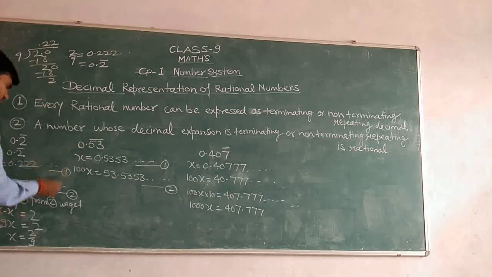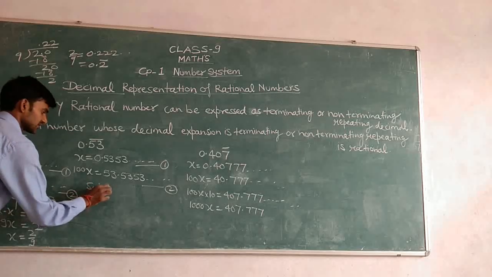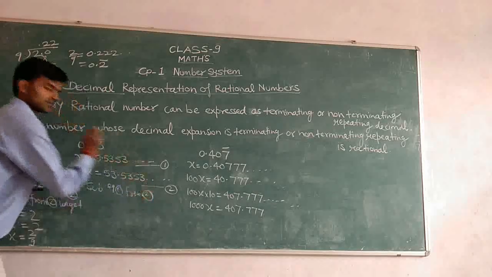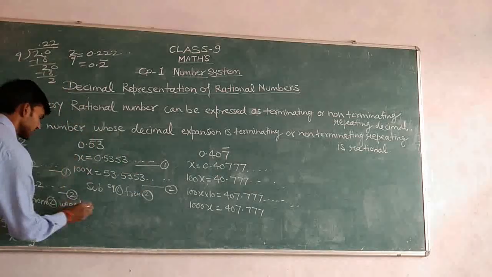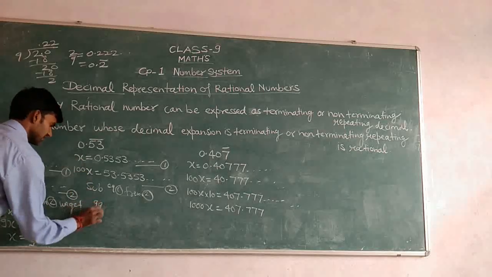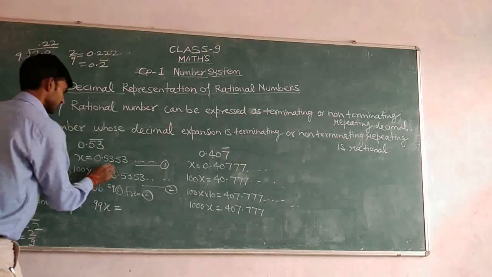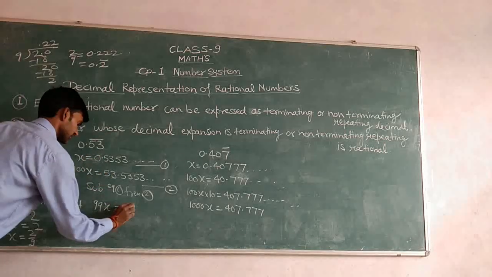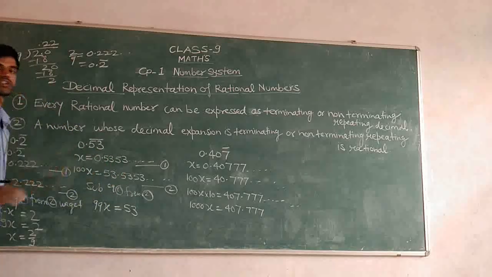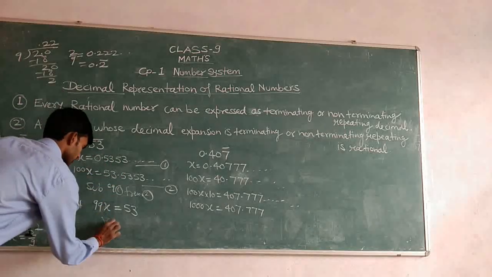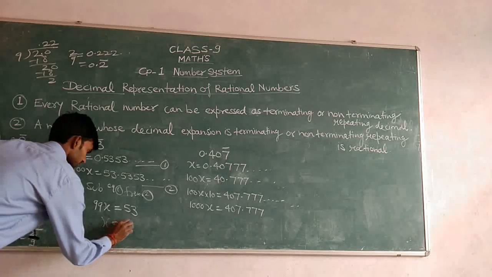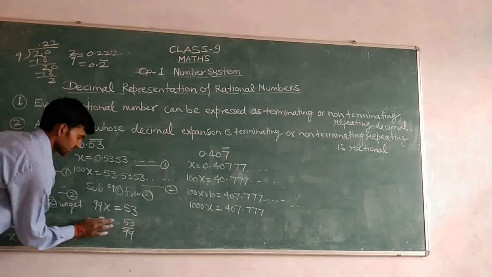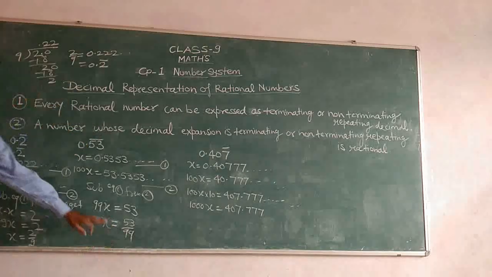So subtract equation 1 from 2. We get 100x minus x, 99x, and the whole numbers 53 minus 0, 53, and the decimal parts cancel. So x is equal to 53 by 99, which is the rational number for this non-terminating decimal.